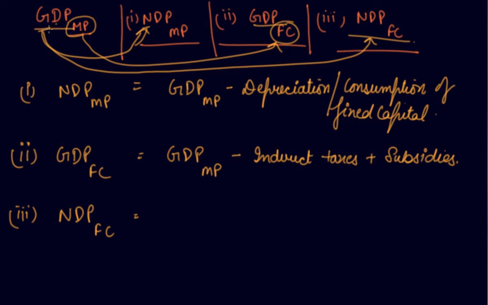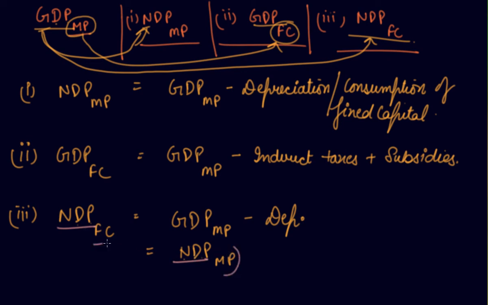NDP at FC you have to make, and you are given with GDP at MP. Now let's convert first G to N. Let's take GDP at MP minus depreciation. What you will get? You will get NDP at MP, means net domestic product at market price. From NDP you have come, this is same. Now you have to convert market price to factor cost.